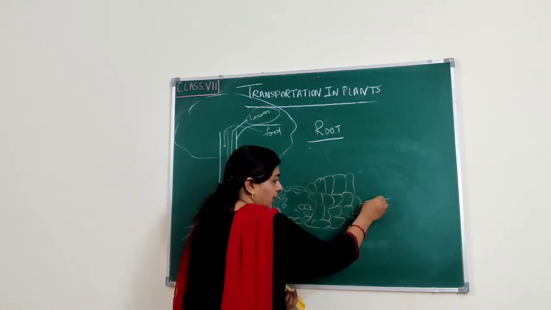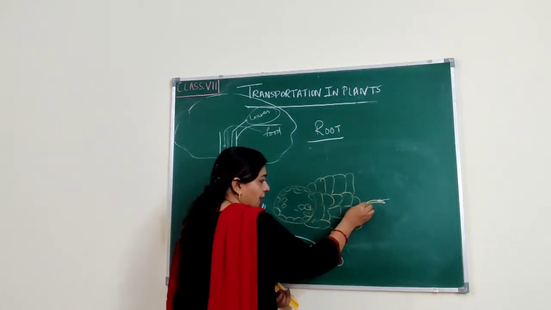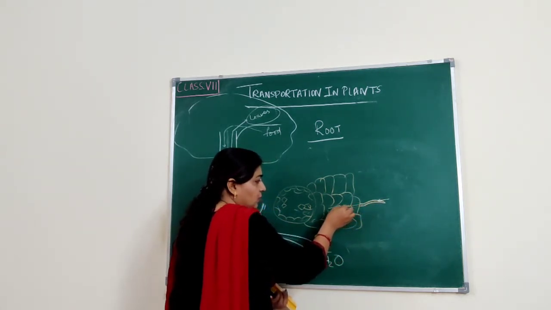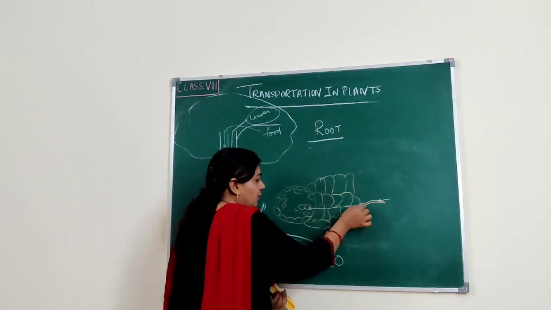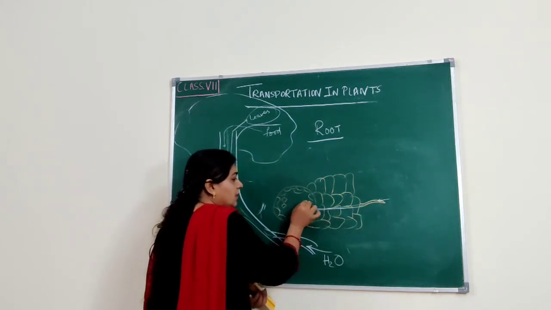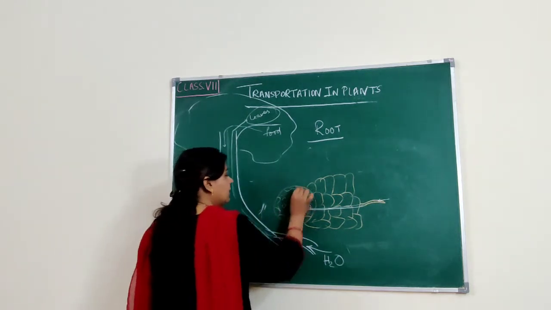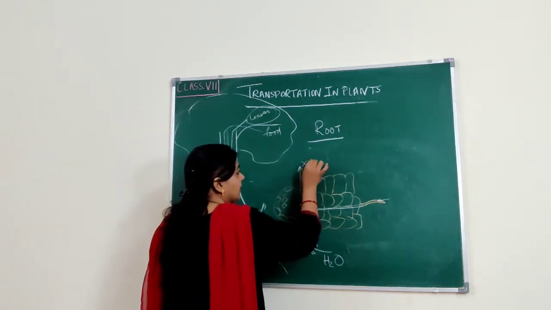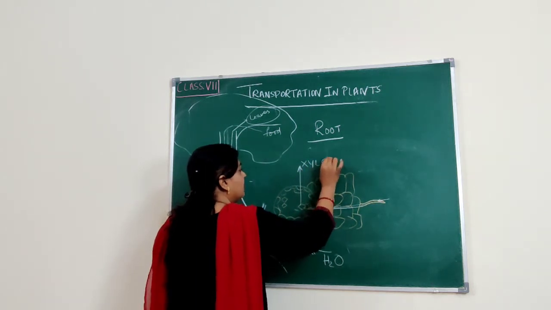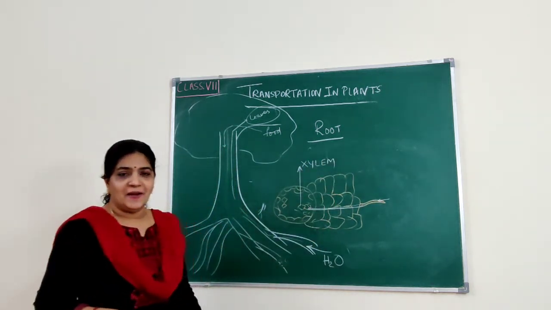From the root hair, the water is absorbed and the water will flow through the cells and it will reach here. These are the cells. These cells are called xylem.